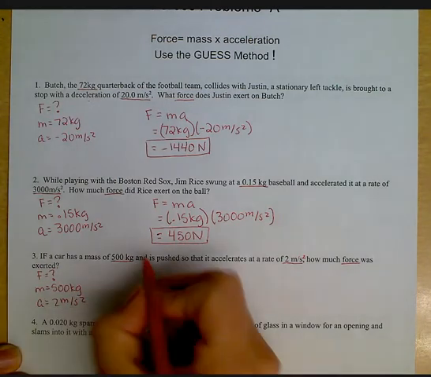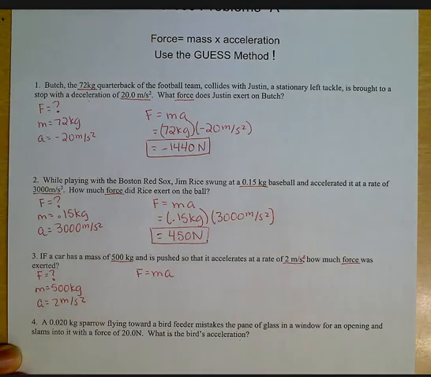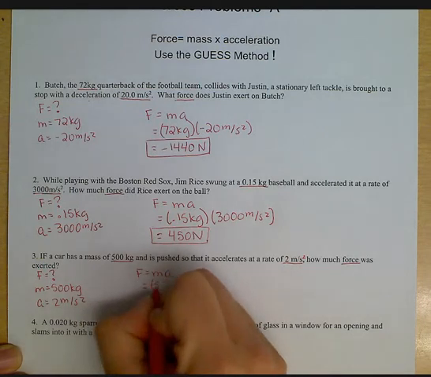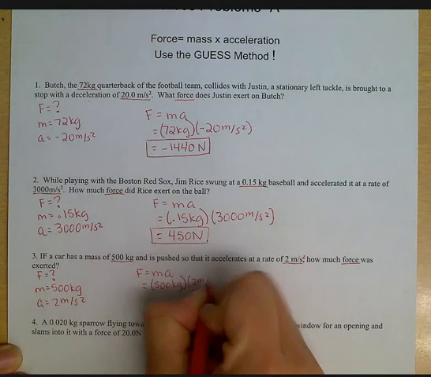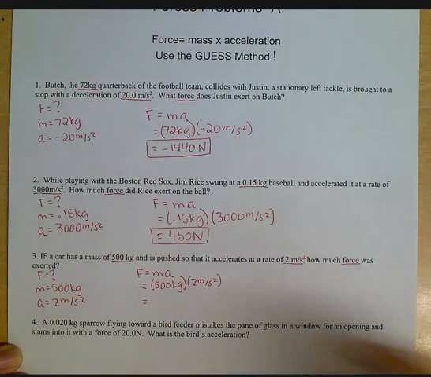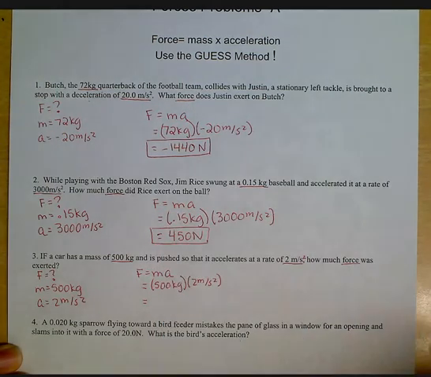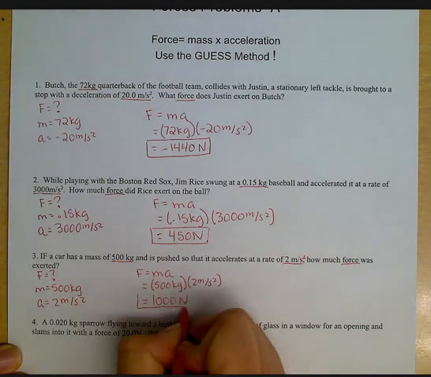I'll write out my equation. Force equals mass times acceleration. I'm going to substitute in what I know. 500 kilograms times 2 meters per second squared. And I'll go ahead and plug that into my equation. That gives 1,000 newtons.